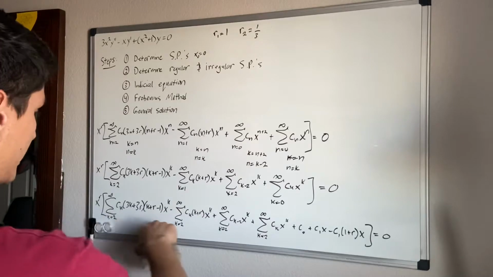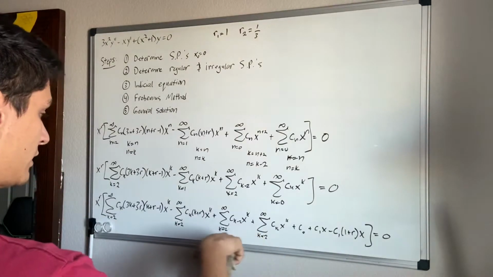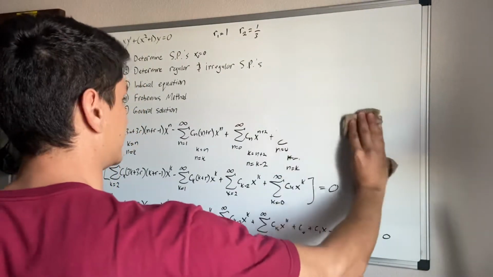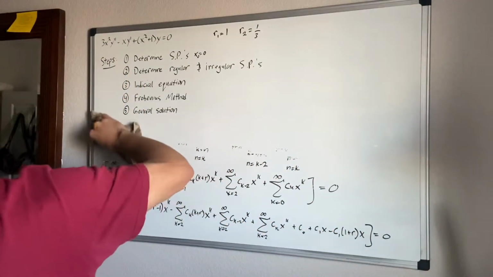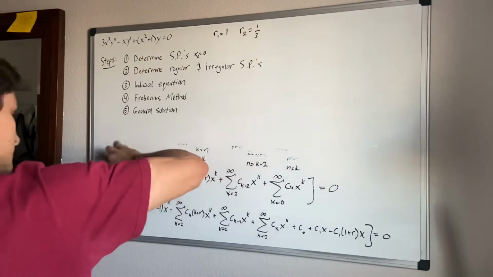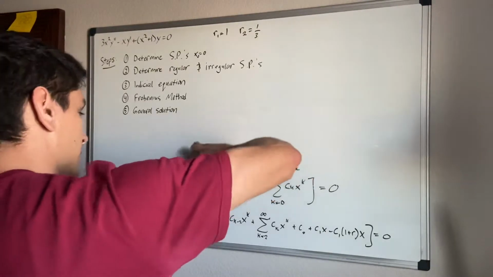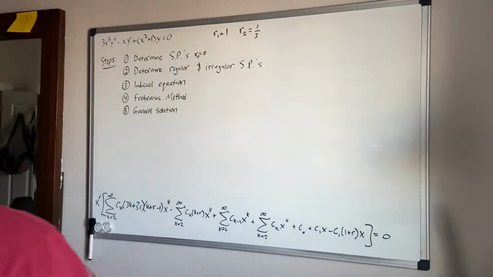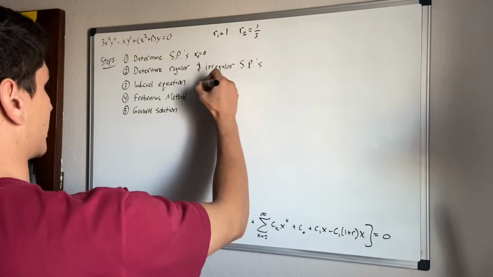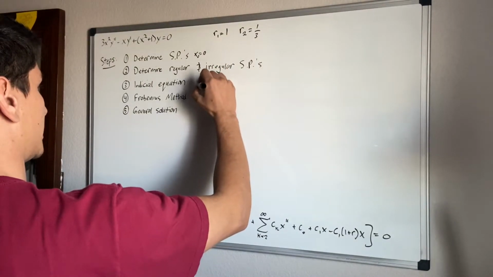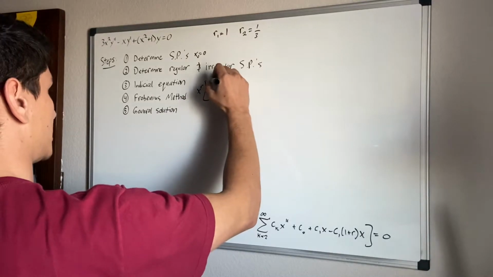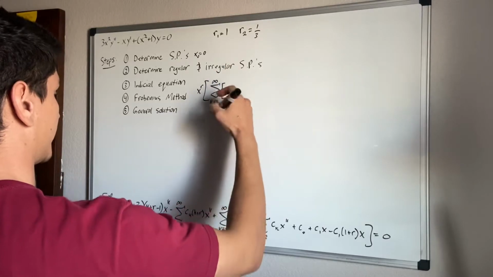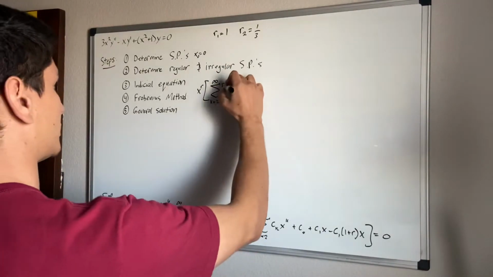So now that we have this all rewritten out, we have all the k terms the same, the next step is to combine the summations and then factor out an x to the k. So we have, I'm going to write it right here, x to the r times the infinite sum, k goes from 2 to infinity. And now we're going to do a bracket because we're going to copy all of this down.